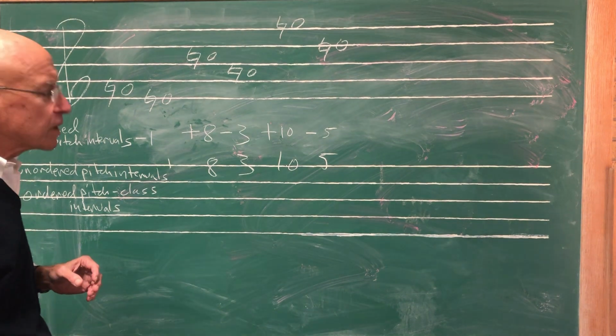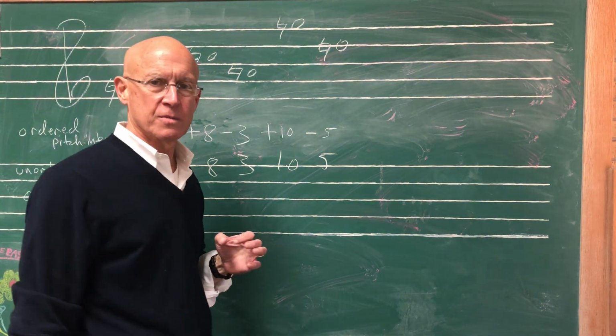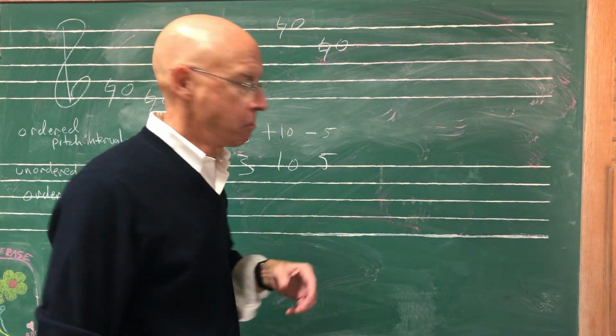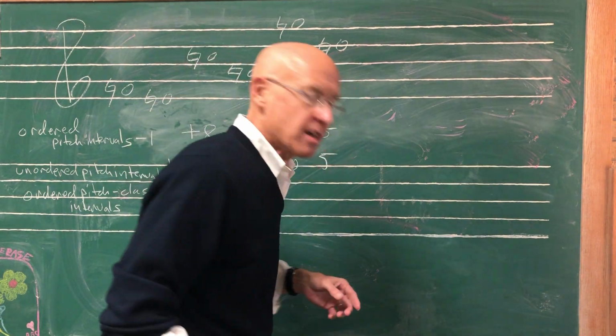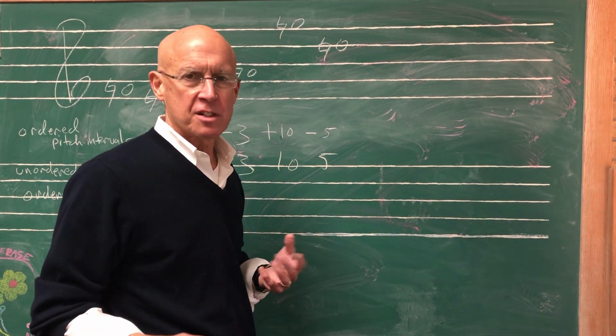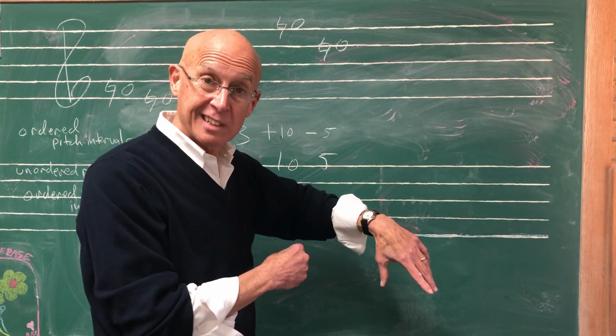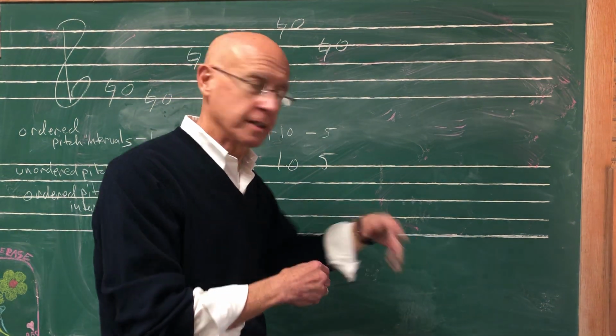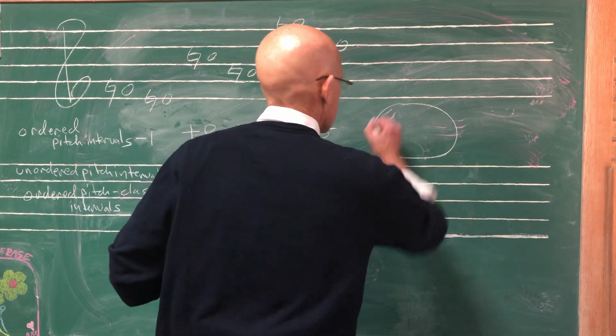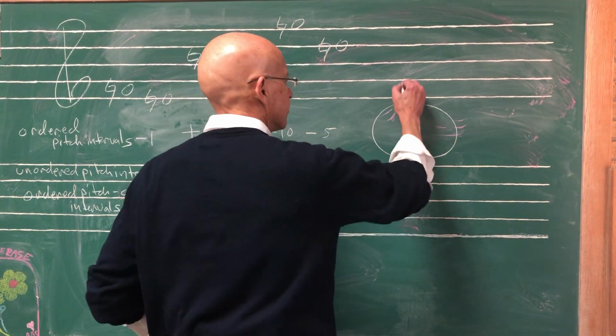Now, the way we're going to think about pitch class intervals is using the clock. Because our numeric system is base 10, which doesn't fit to music at all. But luckily, the way we tell time does perfectly. So we have a little tomato clock here.